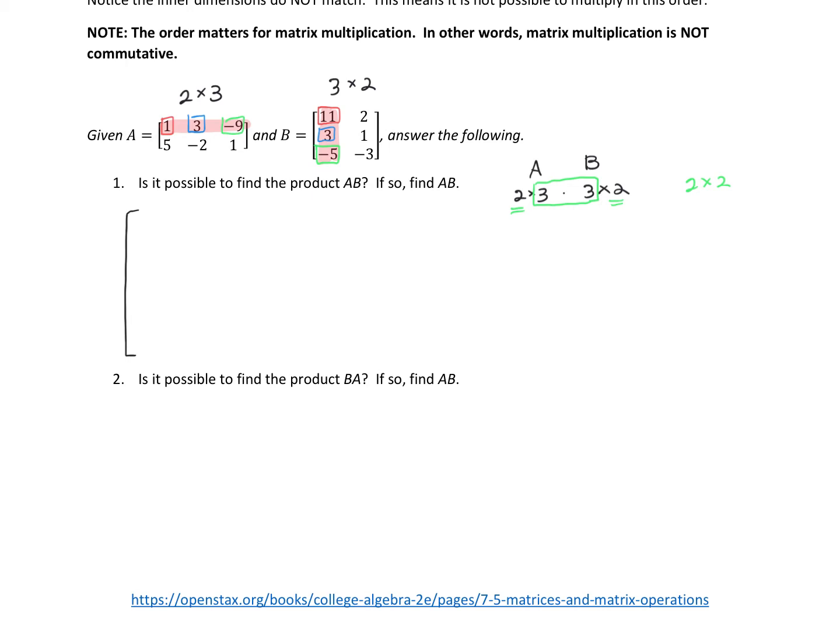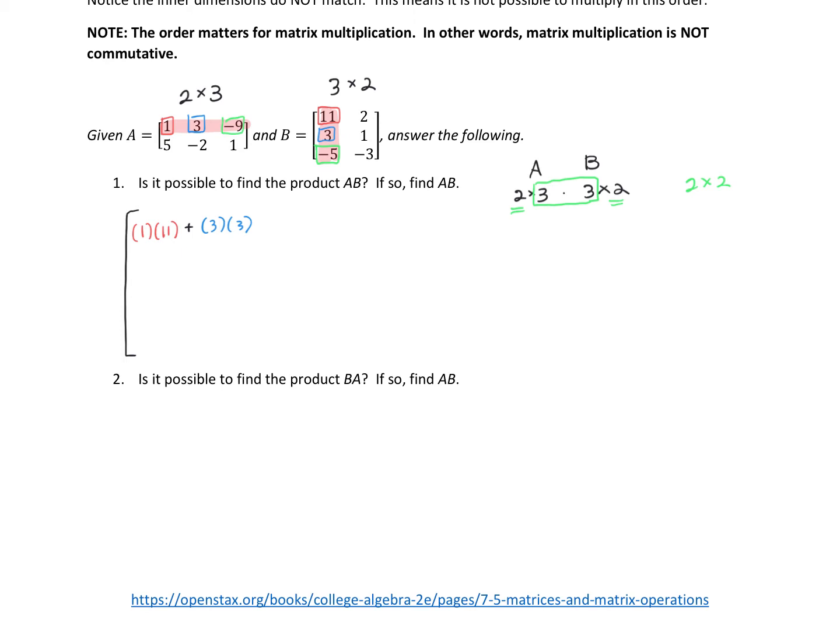So the first element in our new matrix is going to be found by doing what's in the red box. So 1 times 11, plus the product of the blues, so 3 times 3. Those are the second elements, right? It's the second element in the first matrix row and the second element in the first column of the second matrix.